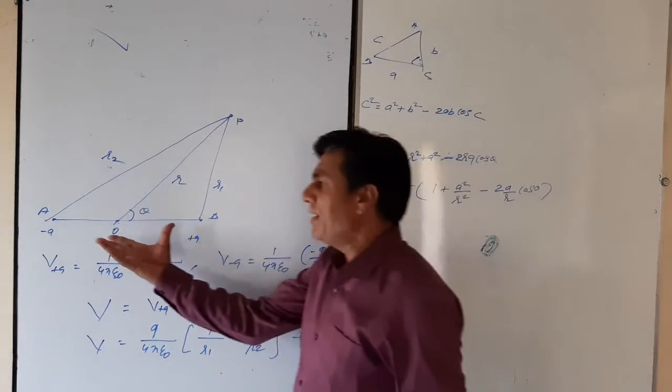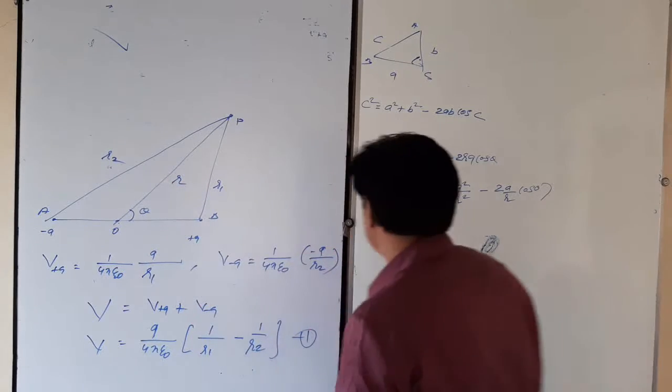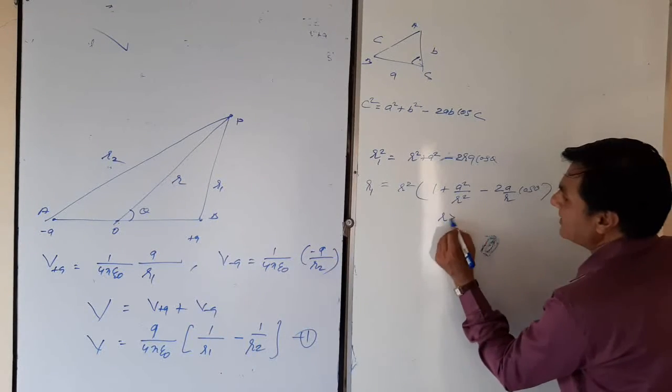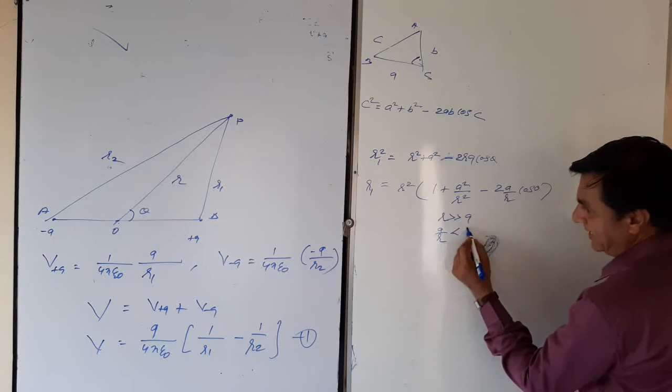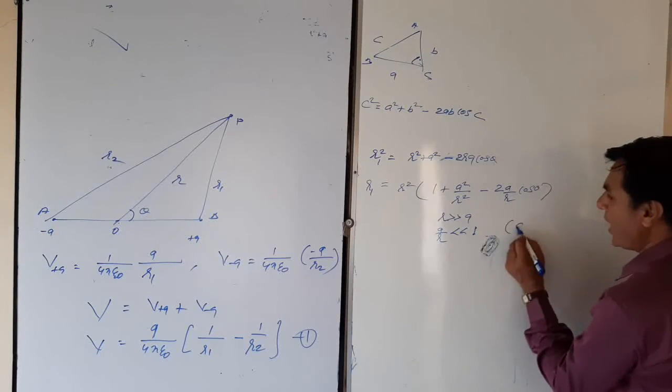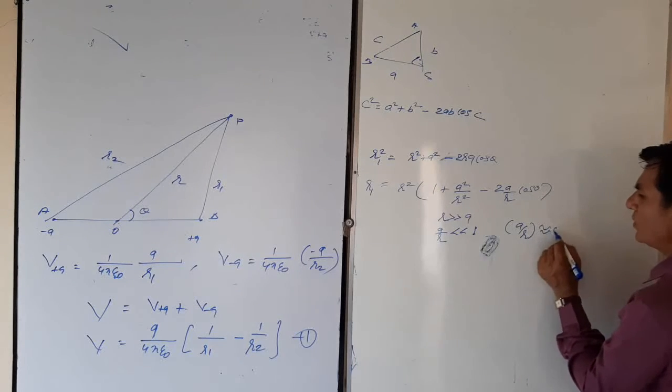Double a is the dipole length, single a is very small in comparison to r. Since r is much greater than a, a by r is negligible, less than 1, so a square by r square is very small, nearly equal to 0.